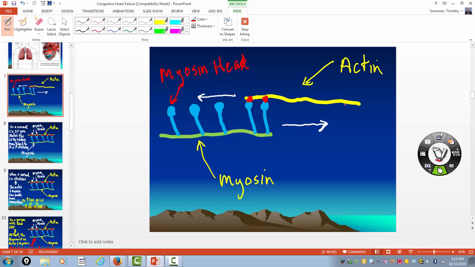You have actin here and myosin here, and the only place that they overlap is in this area right here. So that's going to determine how hard that heart muscle contracts. In this case, you can only make two connections between actin and myosin, so the force of contraction of that left ventricle is not going to be that strong.